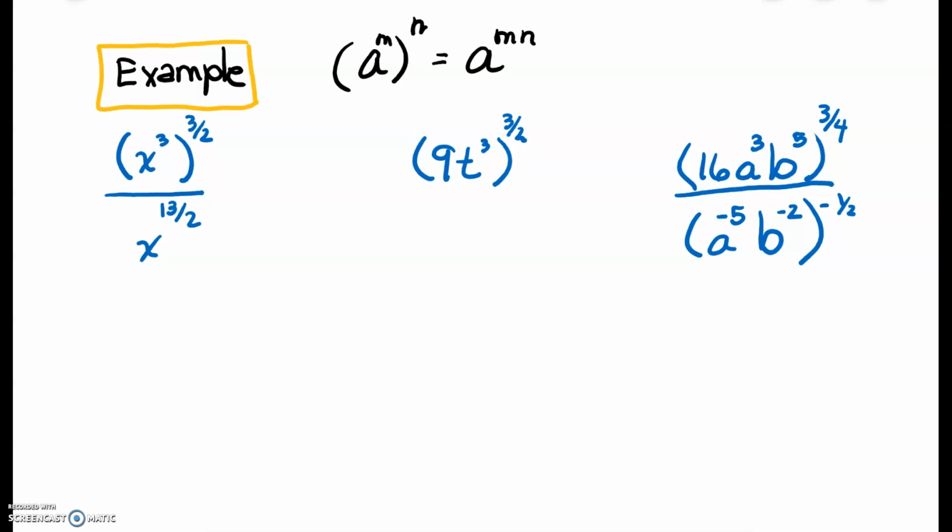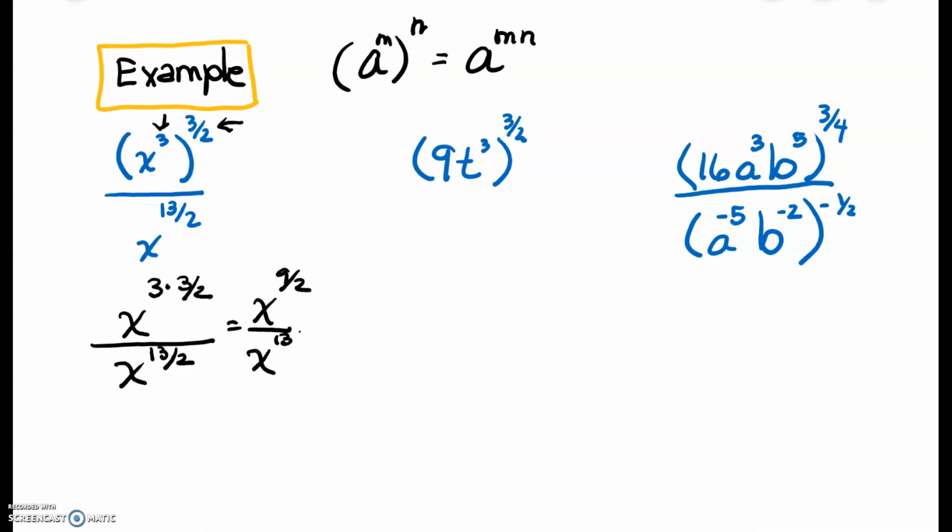So in our power rule, we have 3/2, and inside parentheses, we have x to the 3rd power. So this is going to be x to the 3 times 3/2 over x to the 13/2. When I multiply 3 times 3/2, I get x to the 9/2 over x to the 13/2.